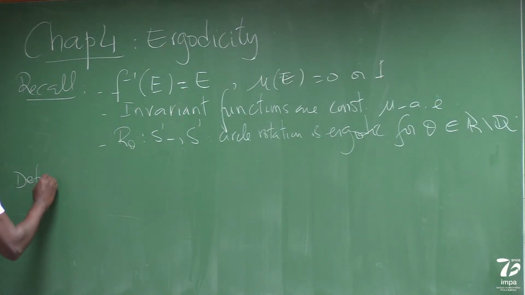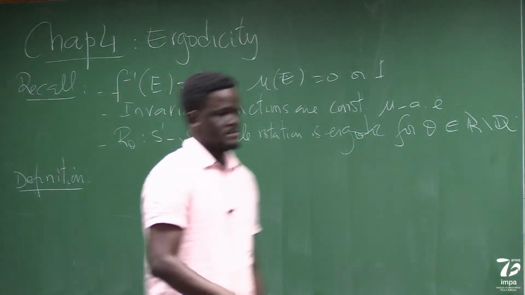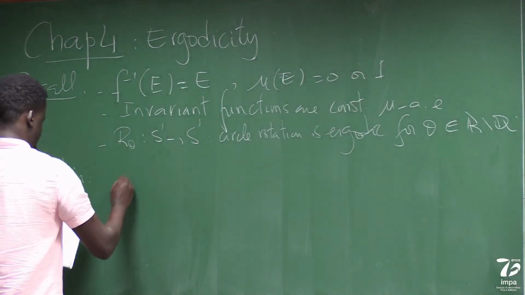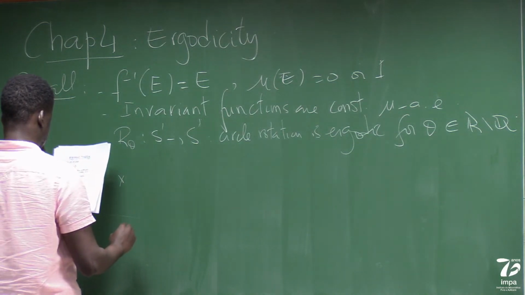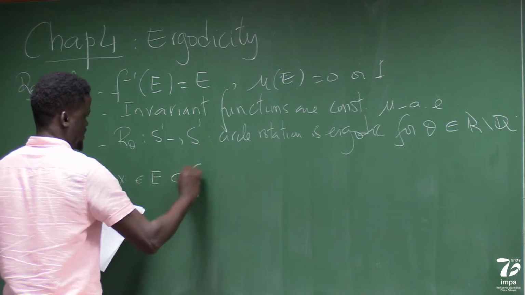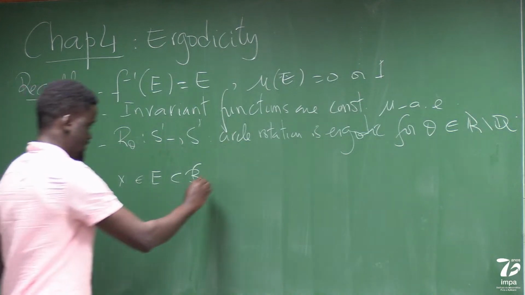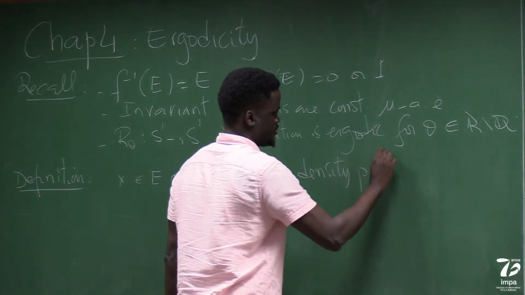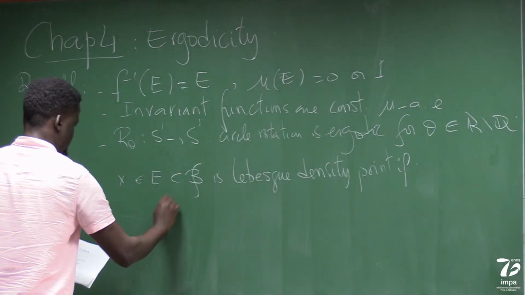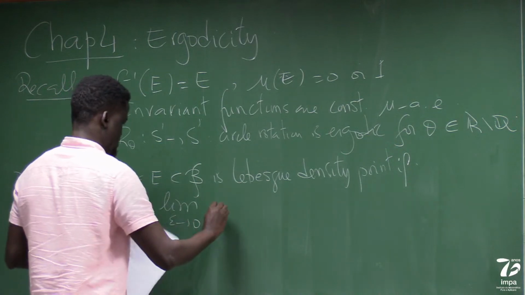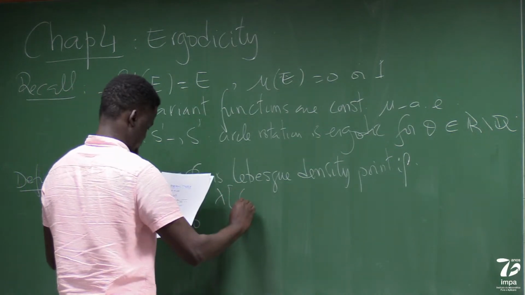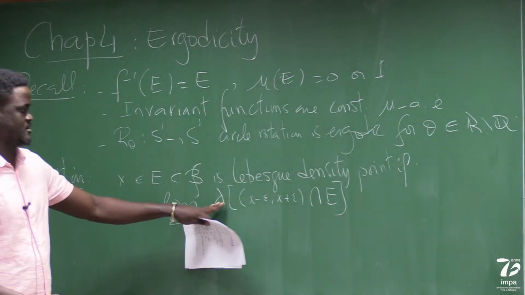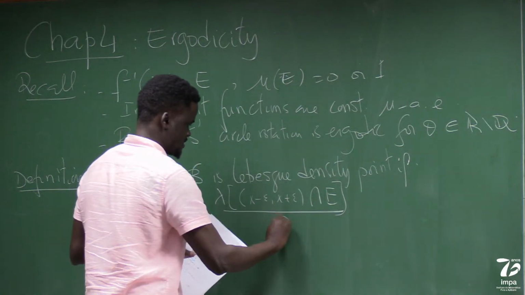So the definition. x in E, that is an element, here I'm on the interval, okay, is a Lebesgue density point if the limit when epsilon goes to 0 of lambda, where lambda is here the Lebesgue measure, of E intersected with the interval around x, over 2 epsilon is 1, okay.